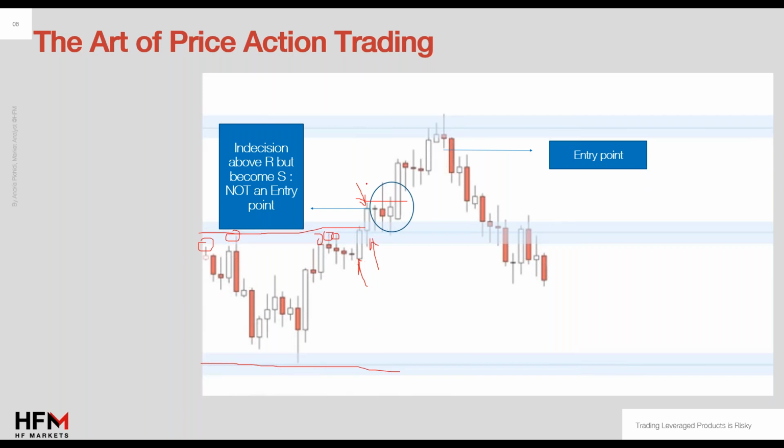The entry could have been taken either with the breakout of this high or this one. If you miss that, you could enter long on that one. Then it went as high as here and then started slowing down. So that was our new resistance level.